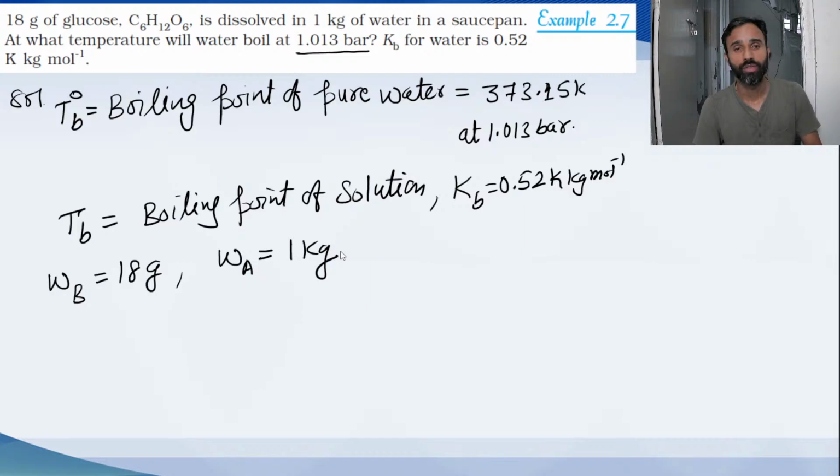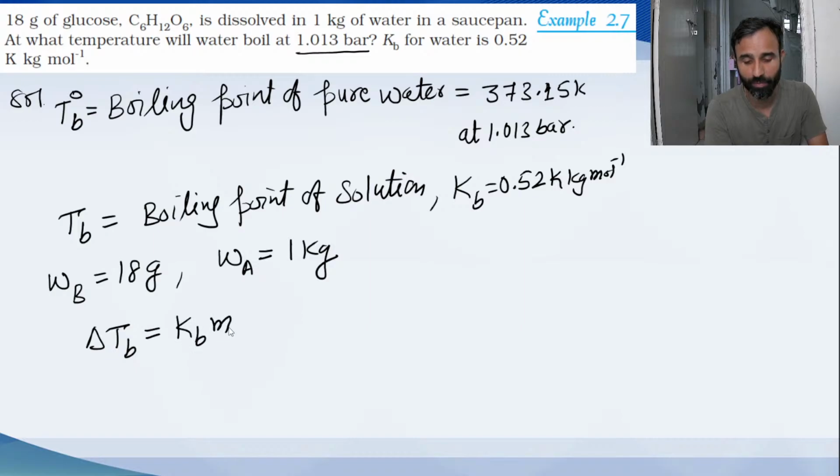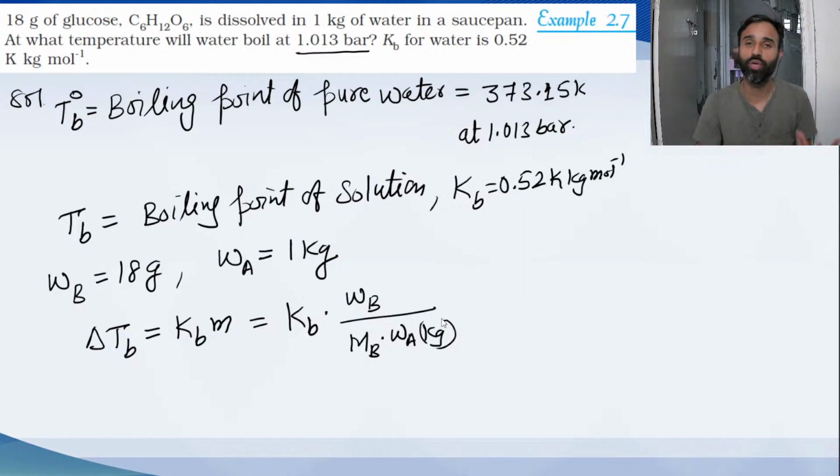So you know that delta TB is equal to Kb m. That means we need m. And what is m? Weight of solute, molar mass of solute. If weight of solvent is given in kg, then there is no need to multiply by 1000. WB is always in gram, molar mass in gram per mole. So we need the molar mass of solute. And what is the solute?